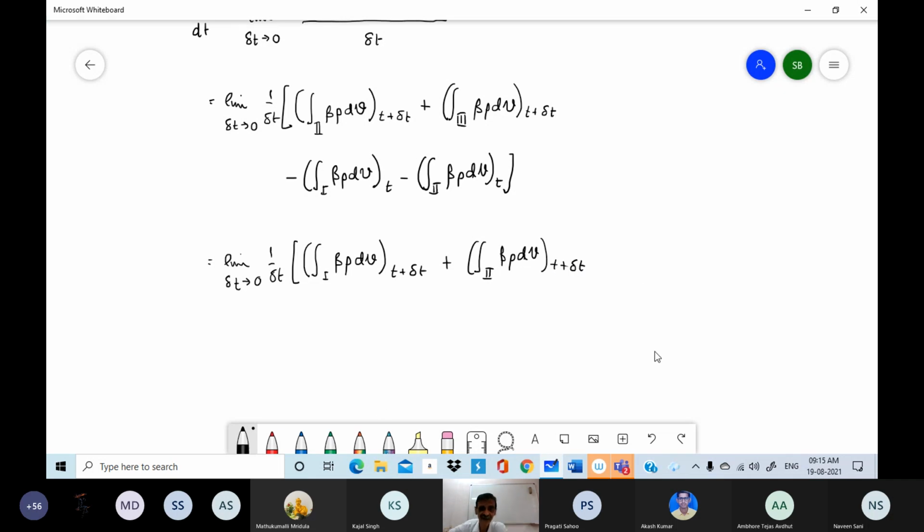So in order to get the derivative of B for the control volume, I add region 1 and I drop region 3.